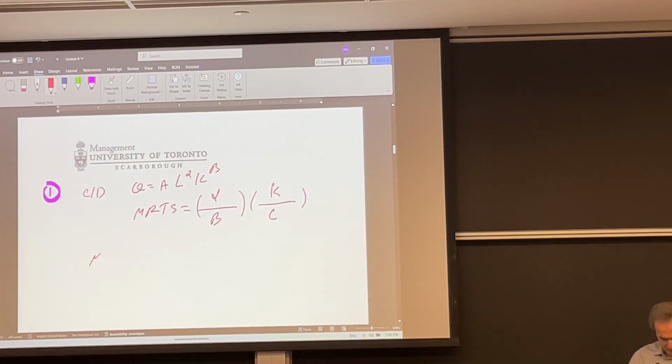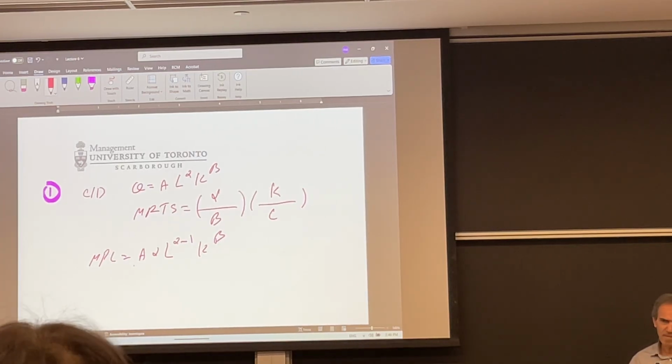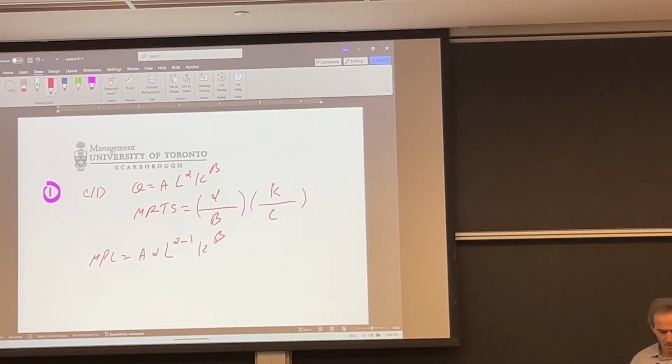What's the MPL for this function? That's the MPL. Make sense? Can MPL be negative? Can it be 0? No, this is always more than 0. So labor is always efficient. You don't have to worry about, well, this is inefficient, I have to fix it, right?